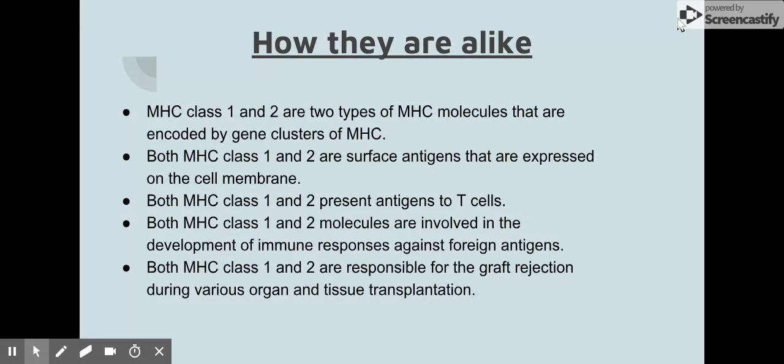Both MHC class 1 and 2 molecules are involved in the development of immune responses against foreign antigens, and both are responsible for graft rejection during various organ and tissue transplantation. So those are some ways that they are alike.